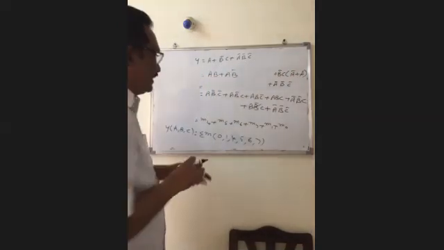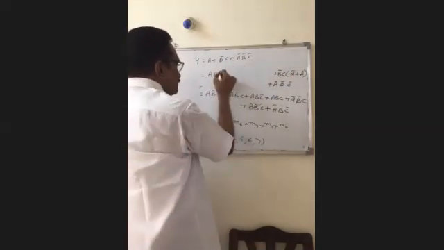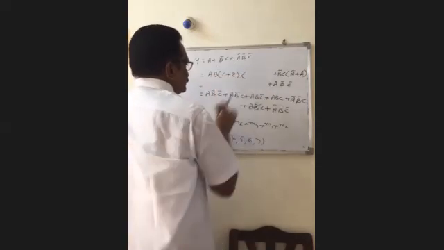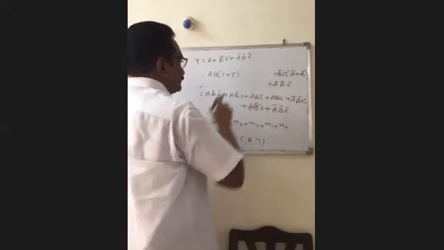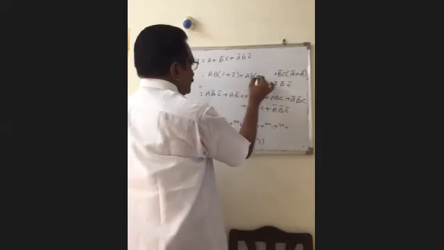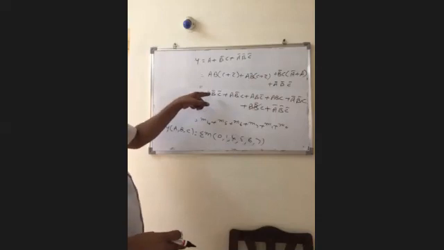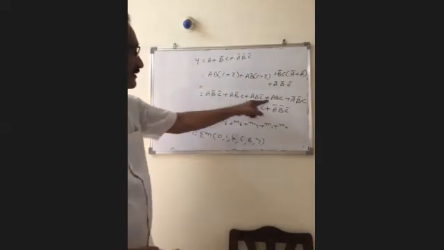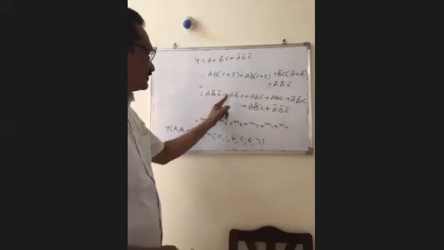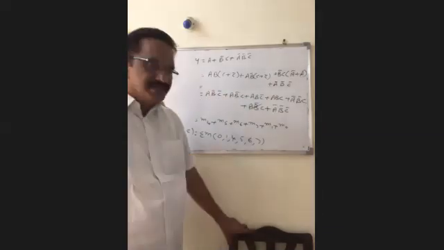In the next step, write AB into C plus C bar plus AB bar into C plus C bar. So it is the same as these terms: ABC, ABC bar, AB bar C, AB bar C bar. Choice is yours.